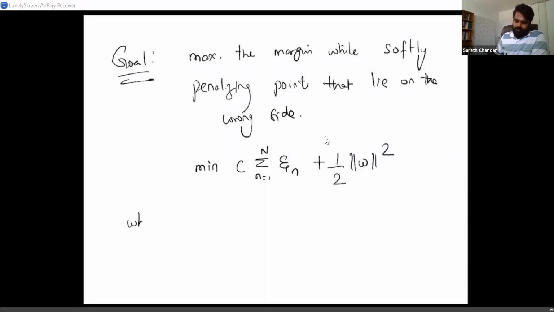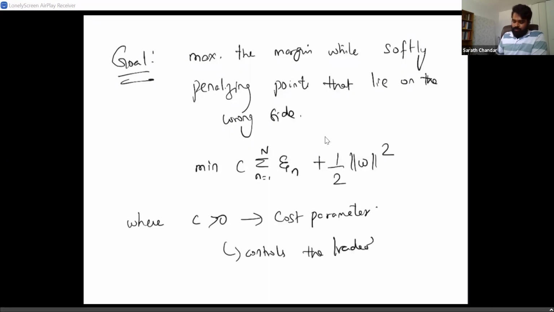The parameter C is greater than 0. This parameter is known as the cost parameter, and it controls the trade-off between the slack variable penalty and the margin.